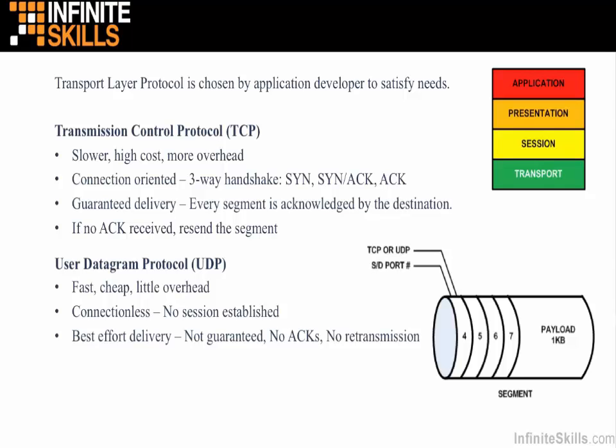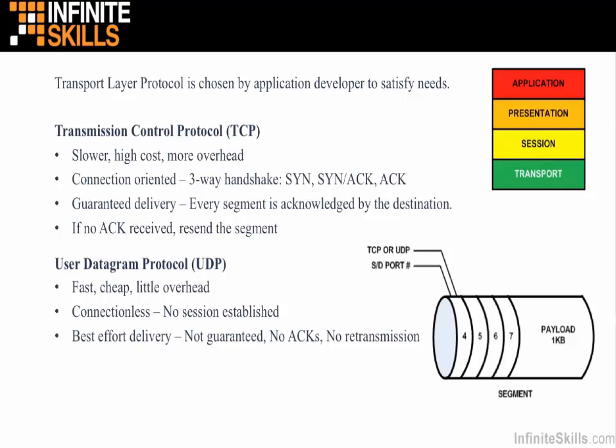Before the sender starts sending any TCP segments, the sender will reach out to the destination and establish a session, a connection, by using a three-way handshake. The three-way handshake is 3 frames from source to destination. First, a SYN or synchronize frame is sent.